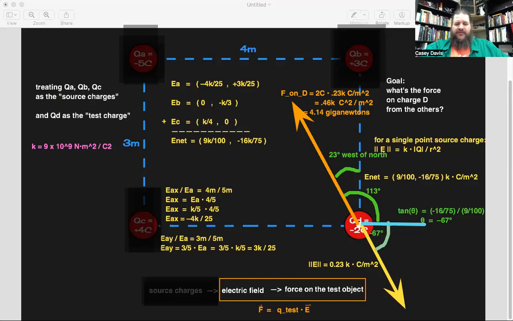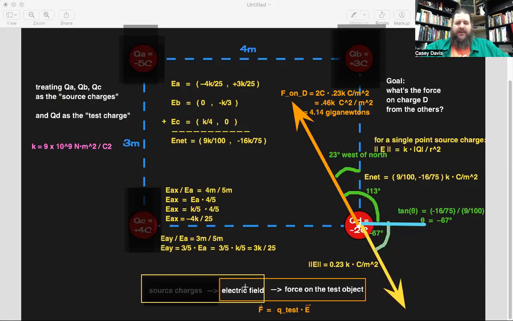But the important relationship there is that the force on the test charge is the electric field at that location, caused by all the source charges, times the test charge. So that's really 2 big tasks to do here, even apart from all of the vector arithmetic stuff. Use the source charges to find the electric field at some location.